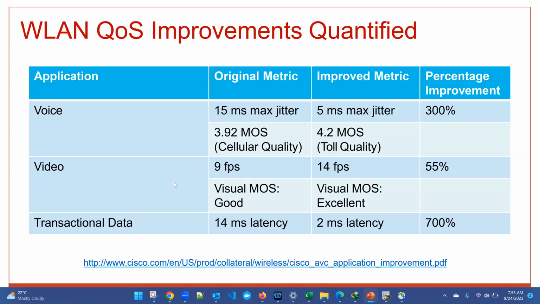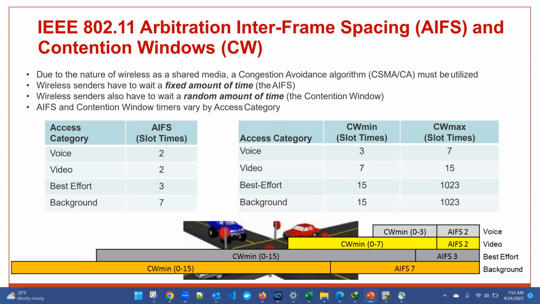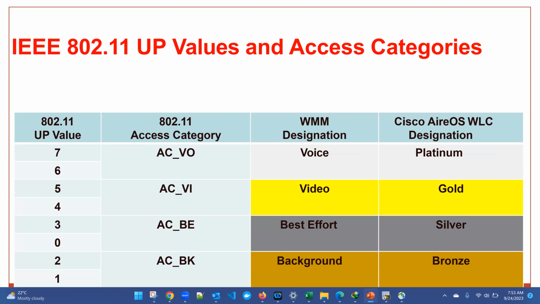Like that, you have to map it. You can see the classes here: voice, video, best effort, and background. Whatever 8 queues you have are mapped into these 4 queues.